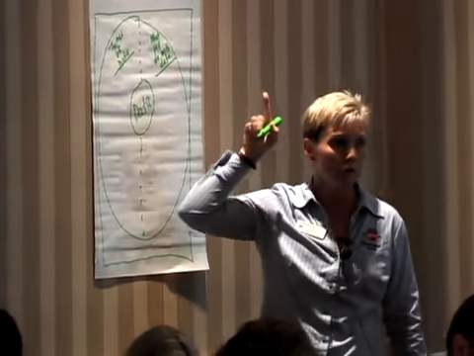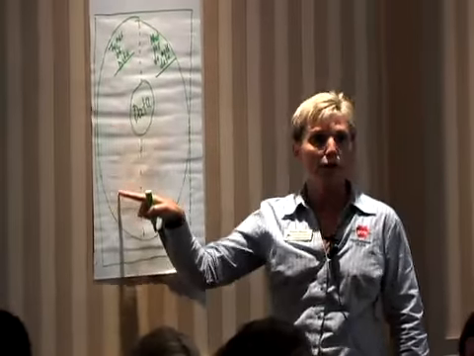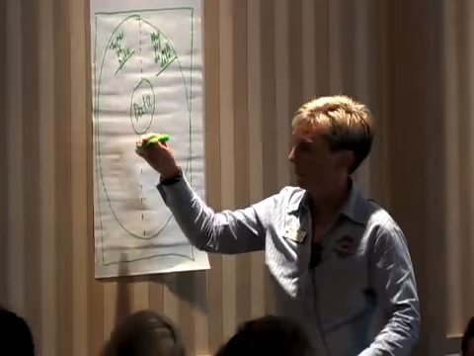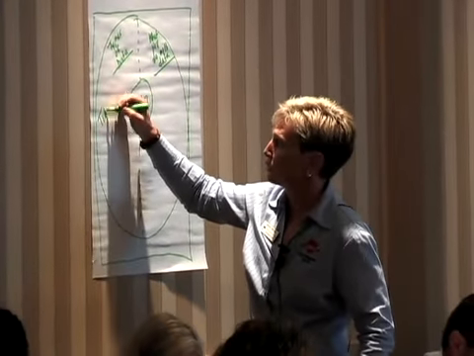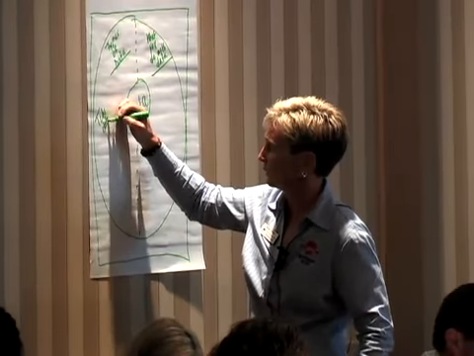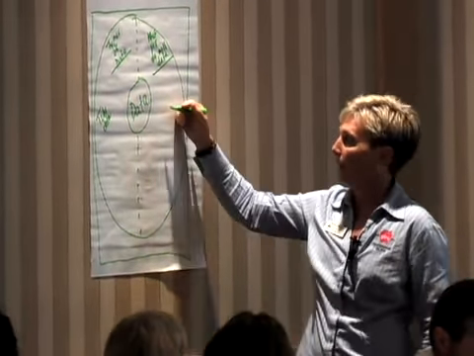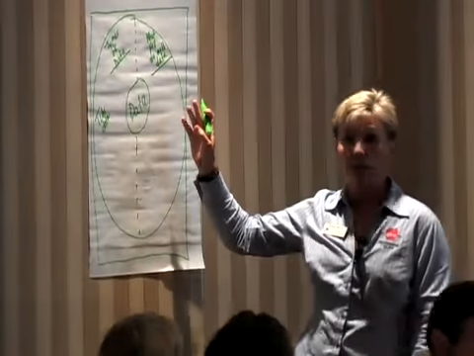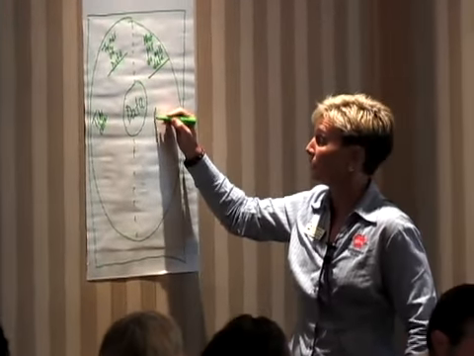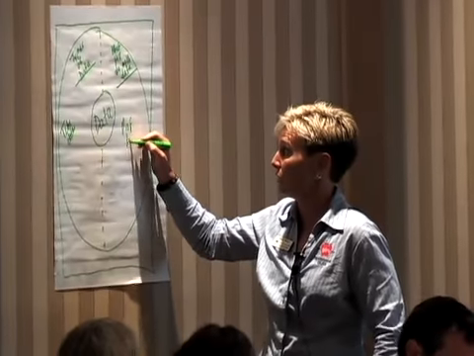So let me model for you. One of the things you might put over here is that you collect some sort of teacher data. And so on the right-hand side, what I do with that data is decide on what professional learning those teachers might need based on looking at that data.